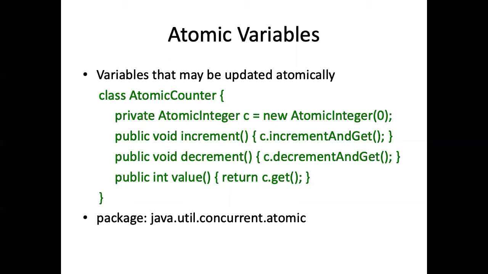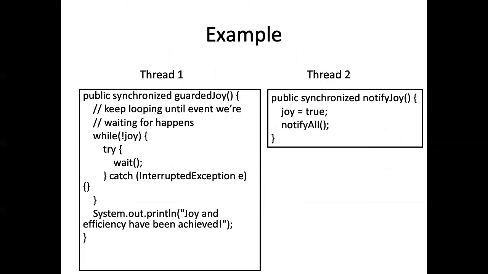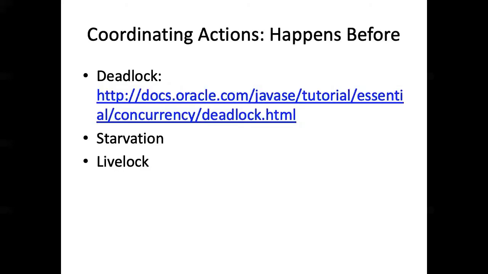So now, we talked about how you might want to be able to put in place happens before relationships. So what we want to do is coordinate actions so that one action happens before another.